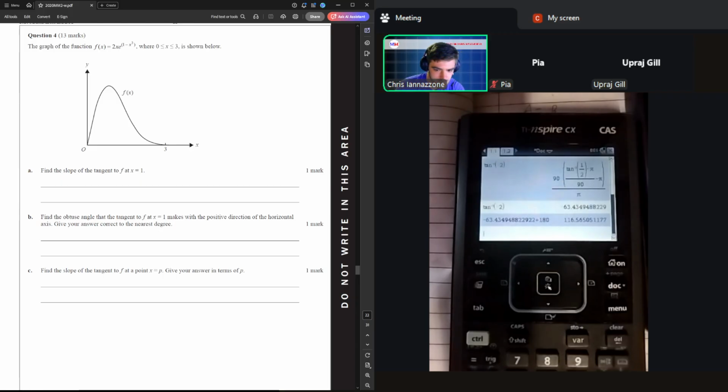Cool. That's that one. Next up, find the slope at point P. Okay, so that's also pretty much free. The CAS gives that to you. What will we do? Yeah, you could do it a couple of different ways actually.